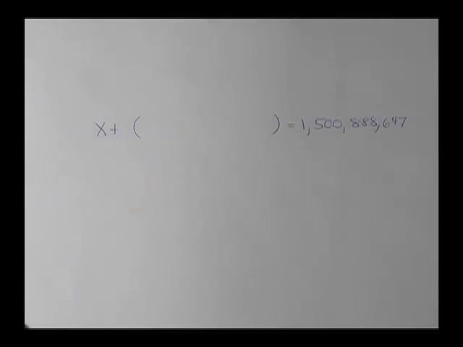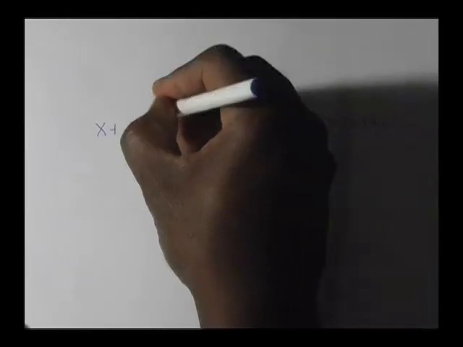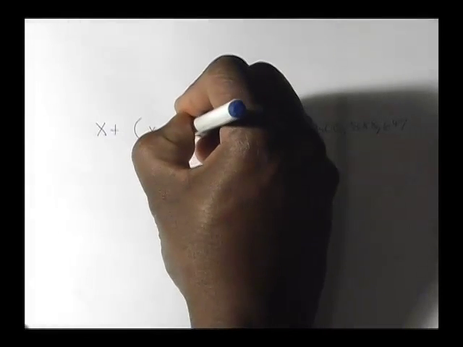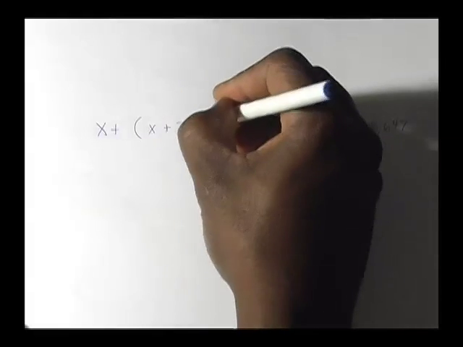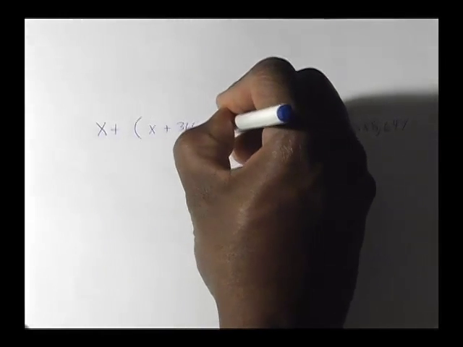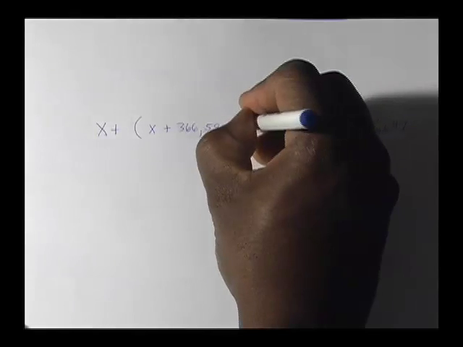What was that expression for Y? It was X plus 366,593,903.